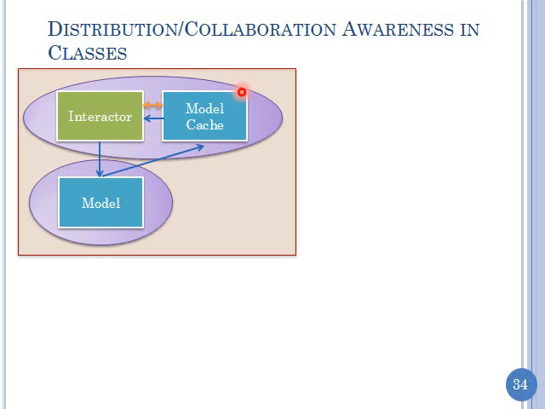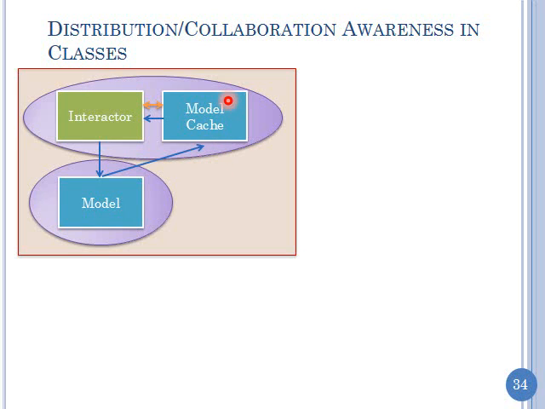The moment you use my library, the moment you use RMI, you are collaboration or distribution aware. So our centralized model, is that collaboration distribution aware? Does it know there are remote objects around? Yes, because it sends to others.